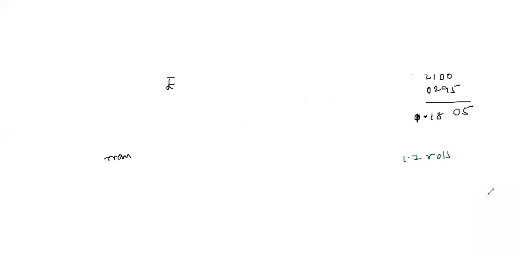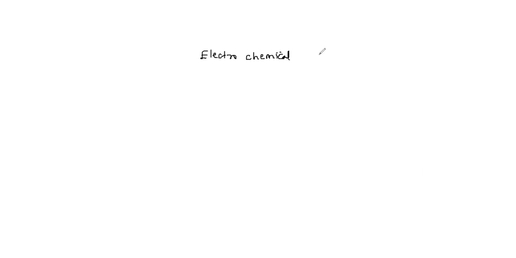Now I will give the electrochemical series, with a simple trick. It depends on the potential values. Here we take potassium, sodium, barium, calcium, magnesium, aluminum, zinc, lead, hydrogen.